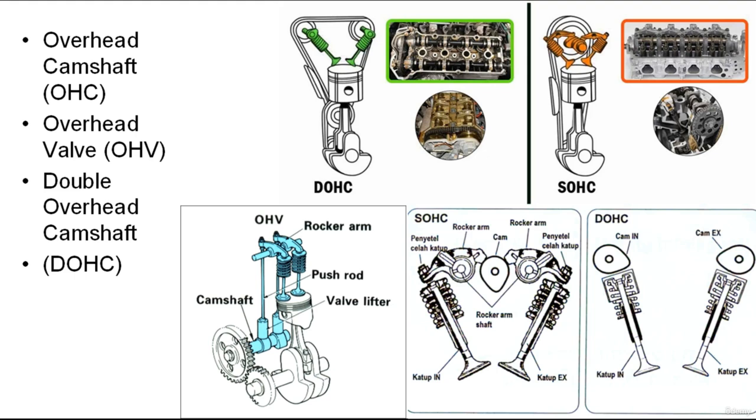Some engines have separate camshafts for the intake and exhaust valves. They are based on the OHC design and are called double overhead camshaft or DOHC engines. V-type DOHC engines have 4 camshafts, 2 on each side.